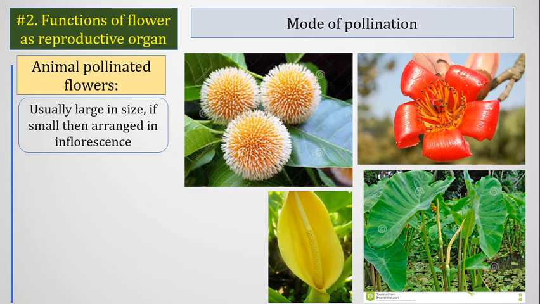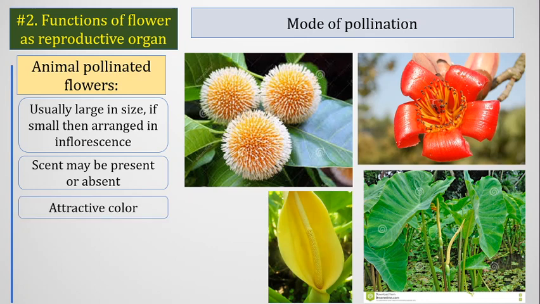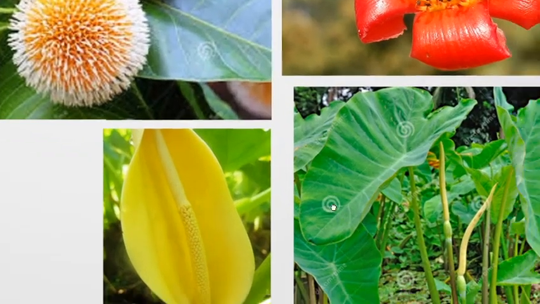So the inflorescence contains a number of small flowers, and scent may be present or absent in these flowers, and they have attractive color. We see the shimul flower is bright red in color, that is very attractive, and also the kodum flower. Examples of them are kodum, shimul, or taro, that means kochu.